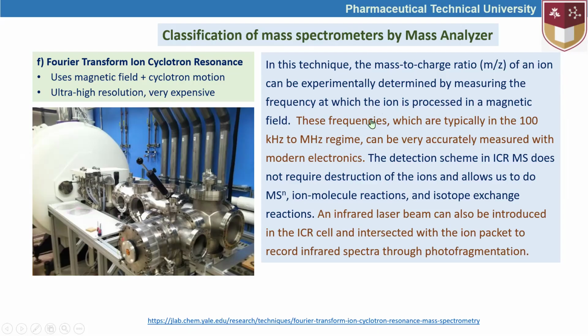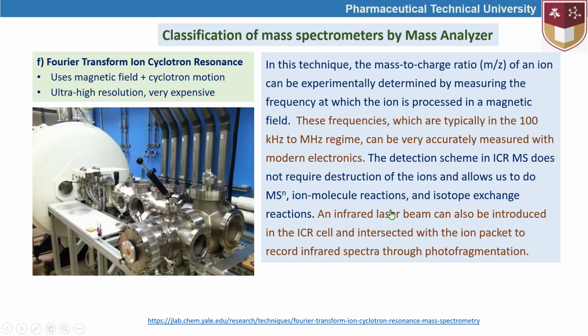And these frequencies obtained there, which are typically in the 100 kilohertz to megahertz region, can be very accurately measured with modern electronics. The detection scheme in the ICR, ion cyclotron resonance mass spectrometers, does not require destruction of the ions and allows us to do MSn, ion molecule reaction and isotope exchange reactions.